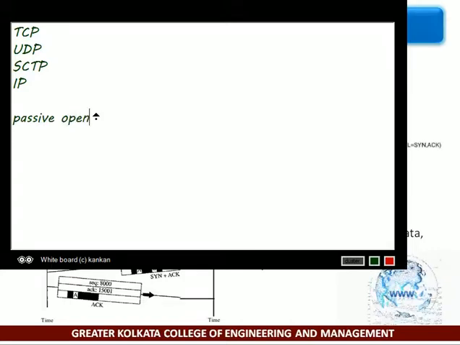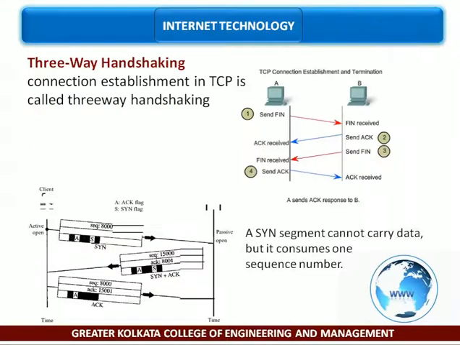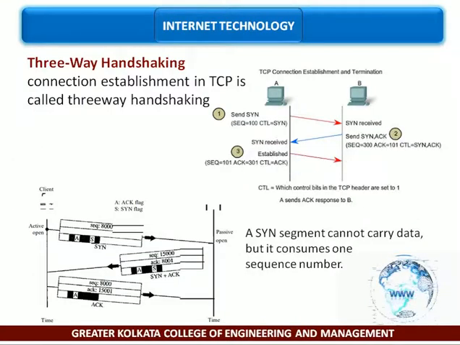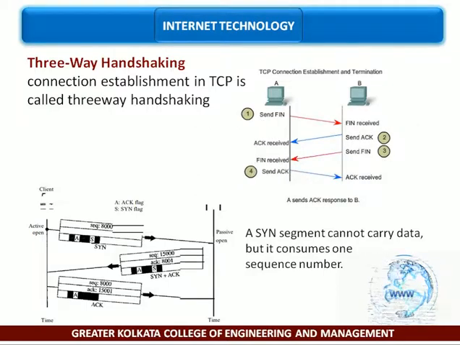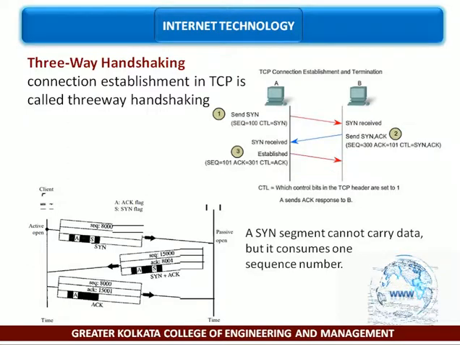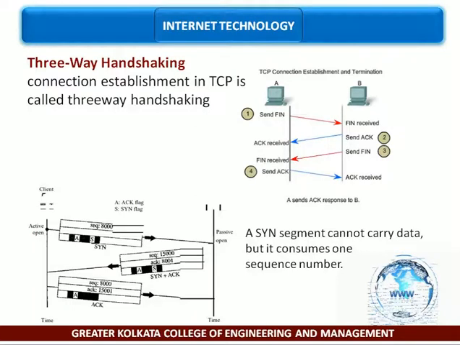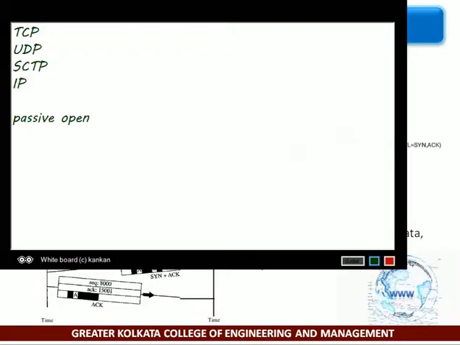Although the server TCP is ready to accept a connection from any machine in the world, it cannot make the connection itself. The client program uses a request for an active open at that time.